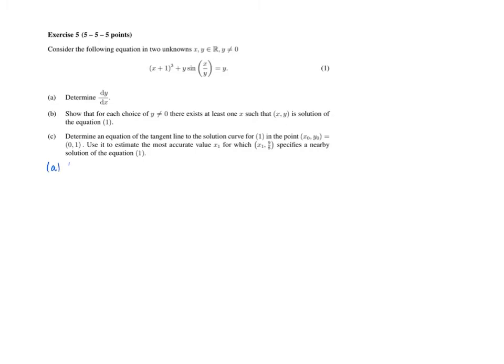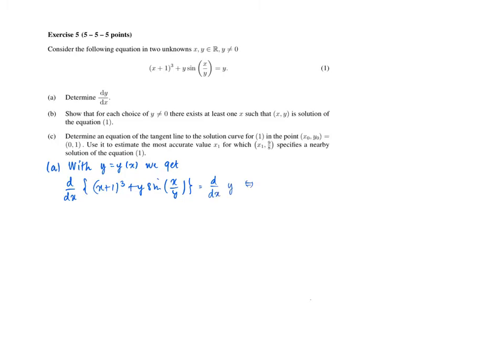Well, in A we are supposed to calculate the derivative of y as a function of x. So assume that y is y of x. Then using implicit differentiation we take the derivative of the left side of the equation, and we take the derivative of the right hand side of the equation, which is d/dx of y.